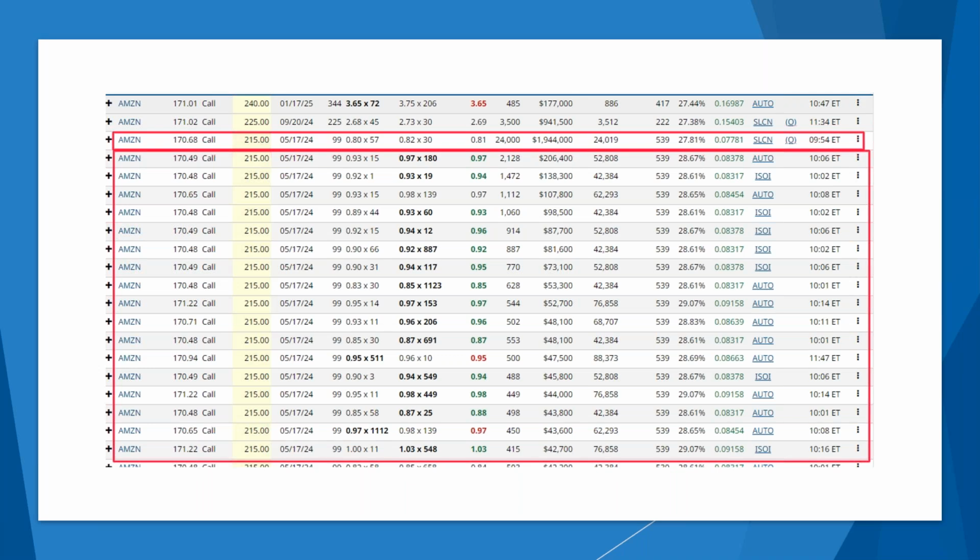So again, for my volatility traders, this might give you that timing that you need when our sentiment changes intra-trade from bullish to bearish.